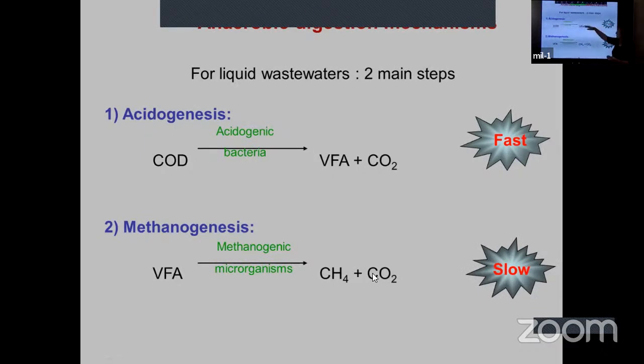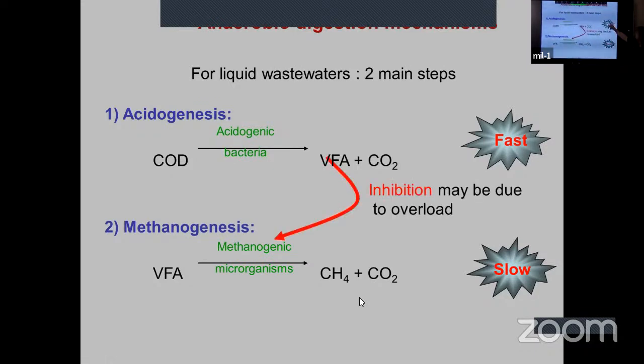Let's note that for acidogenesis, the microorganisms are bacteria, different species of bacteria, but methanogenesis is made by archaea. And this reaction is slow. So it will be the limiting step of this process. And if you produce too much VFA, you will decrease the pH, and you can observe an inhibition by the overload of the reactor.